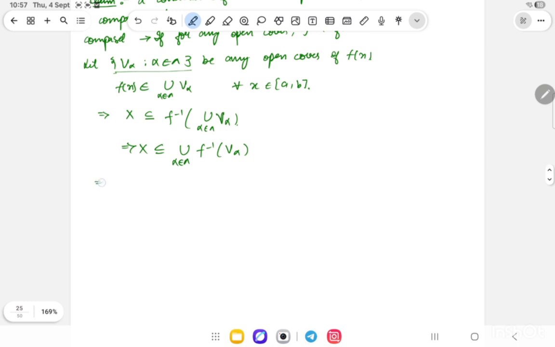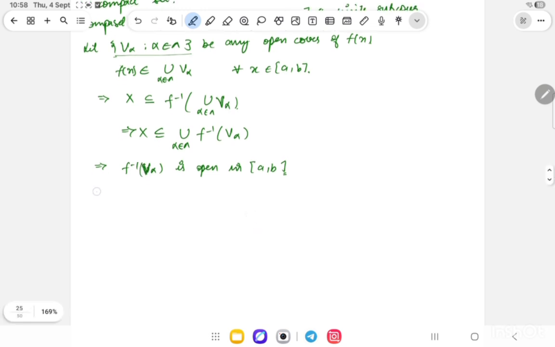So from here I can say that f inverse of V_alpha is open in [a, b], because f is a continuous function and V_alpha is open. A continuous function pulls back open sets to open sets, so f inverse of V_alpha will be open in [a, b]. And we know that an arbitrary union of open sets is open.